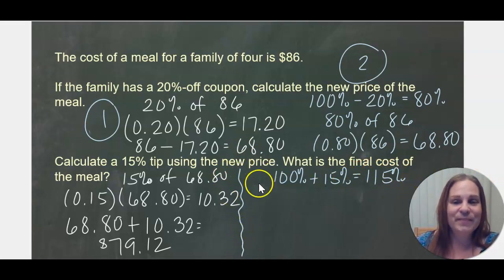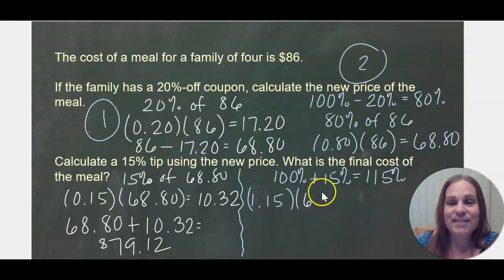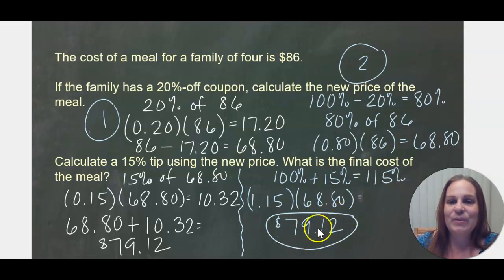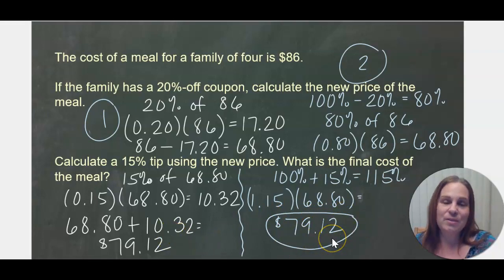So 115% is 115 hundredths, and that's 1.15. 1.15 times 68.80 is $79.12.